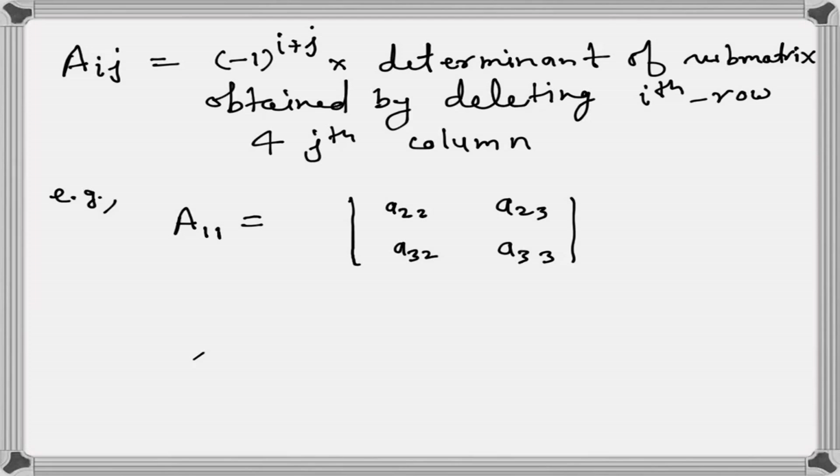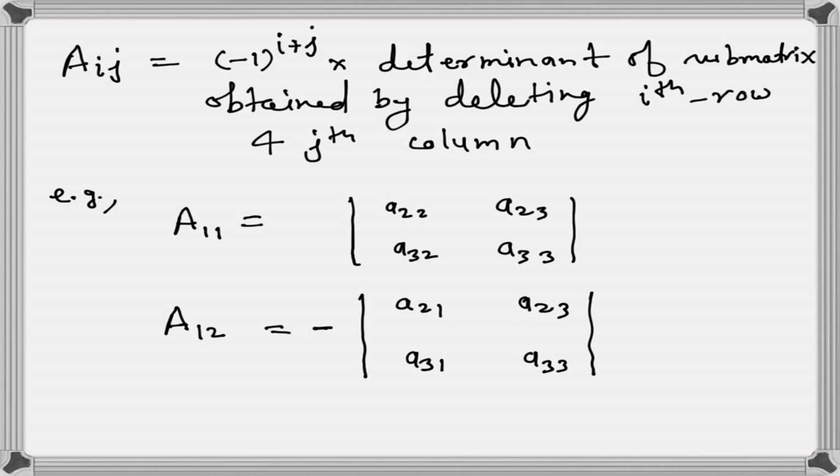Similarly, we can define the other Aij's. So let's see what is A12. A12 is nothing but you delete the first row and second column. So you get A21, A23, A31, A33, and here it will be multiplied with minus 1 to the power 3.